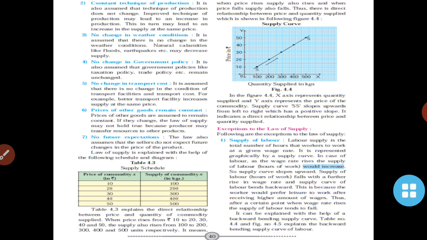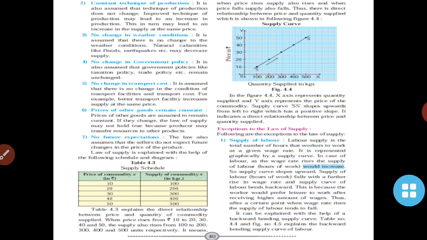Now, supply of labor. Labor supply is the total number of hours that workers are willing to work at a given wage rate. It is represented graphically by the supply curve. In the case of labor, as the wage rate rises, the supply of labor hours of work increases. So the supply curve slopes upward.